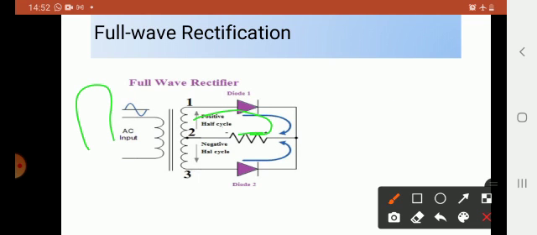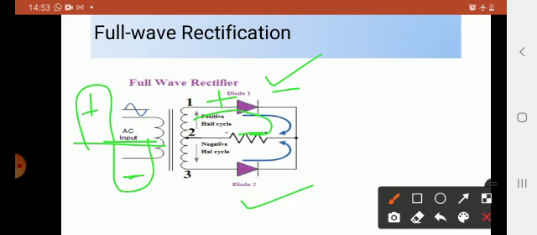This is a positive and this one is a negative terminal, so the current can flow. When the negative cycle comes, the other diode will work.